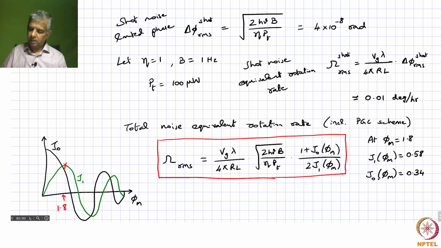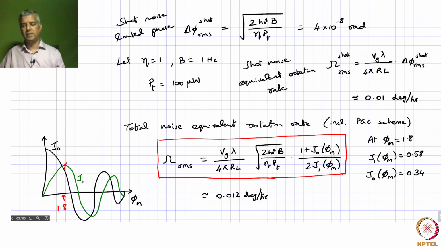So, if you plug that in, this 1 plus J naught is 1.34 divided by 2 times 0.58, which is 1.16. So, that is slightly over this value. So, this will correspond to about 0.012 degree per hour.